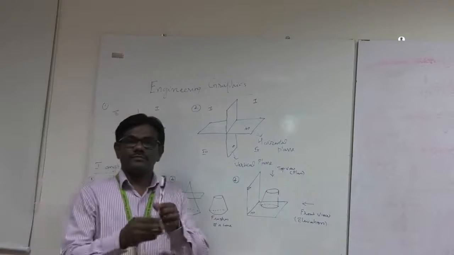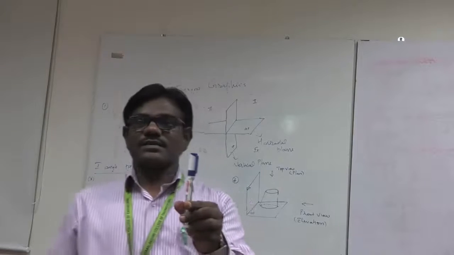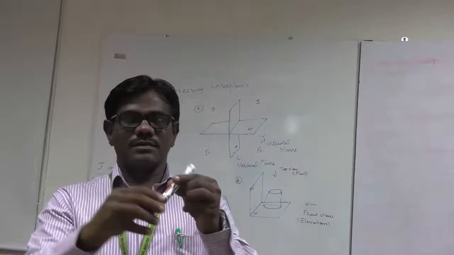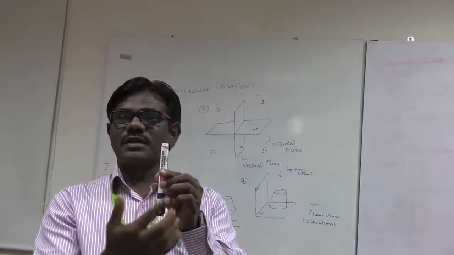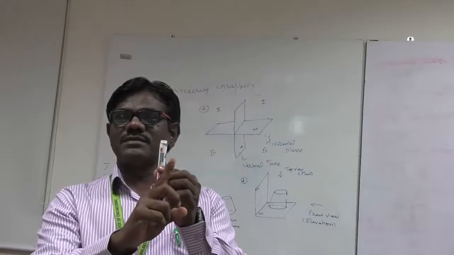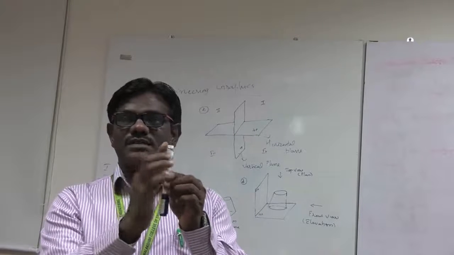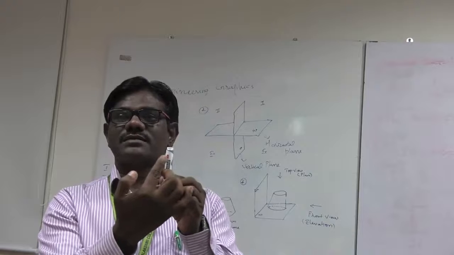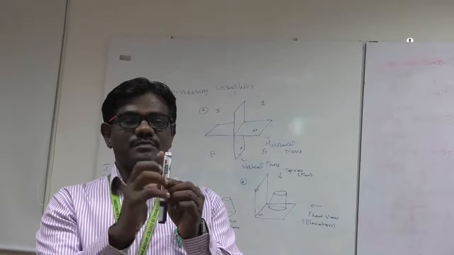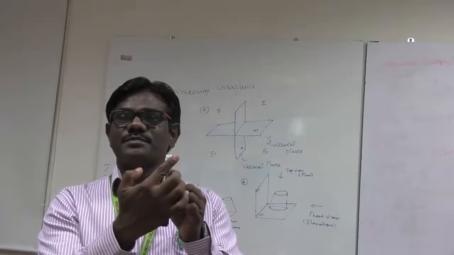Now, look at this marker. It is actually a circular shape. But when you look from straight, you cannot see the curve shape. Instead, it will be a straight line. I repeat, this is a curve shape.